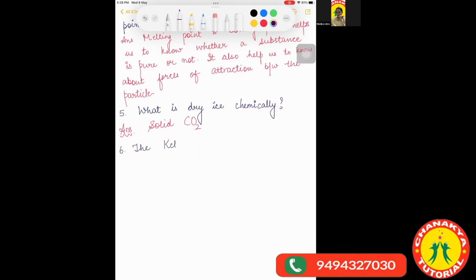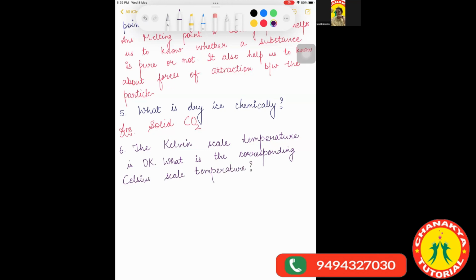Akshara, the Kelvin scale temperature is 0 Kelvin. What is the corresponding Celsius scale temperature? Yes, Akshara, tell me. It is very easy.